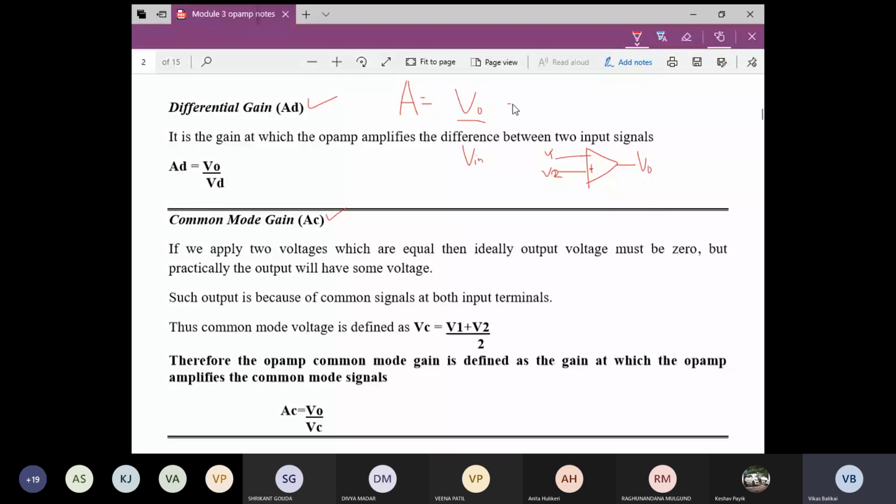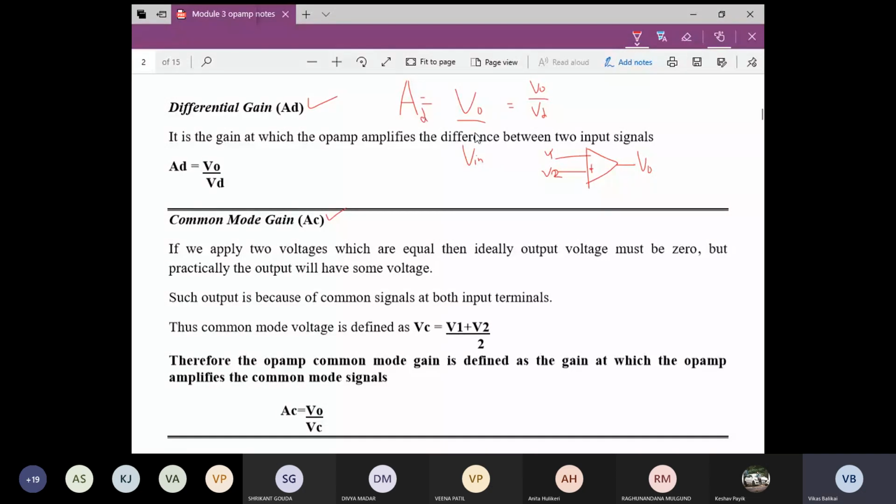Specifically, I can write V naught by VD, rather than writing V in. What exactly does VD stand for? VD stands for the differential input voltage, or the difference between the two input voltages. When I calculate the output by the difference between two input signals, that kind of gain is represented by the term AD. So this is your differential gain.